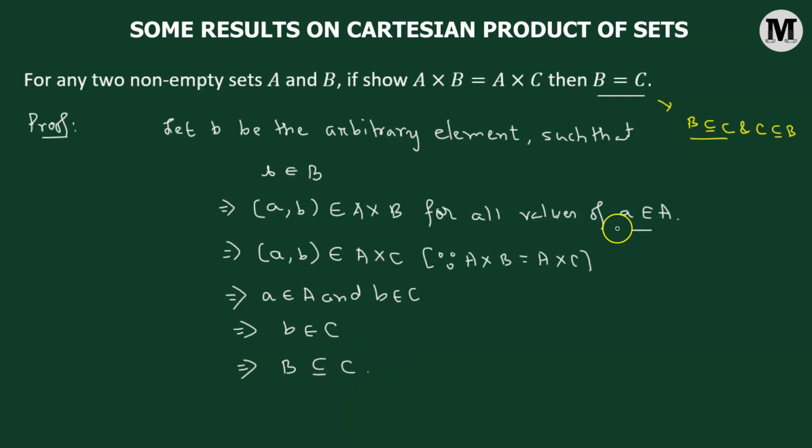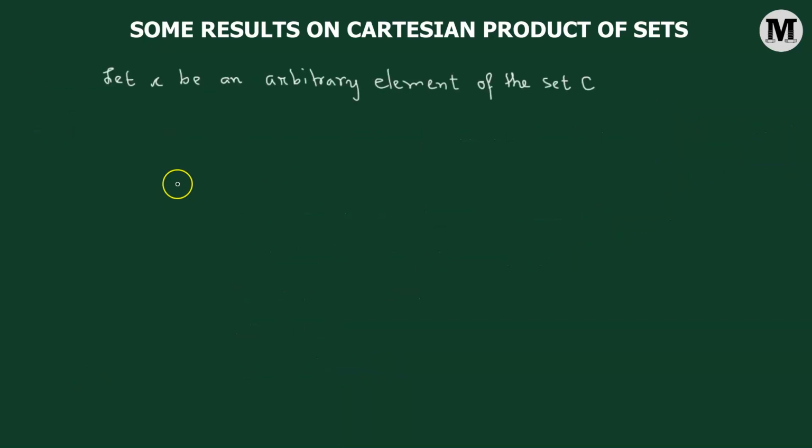Fine. Next, we'll try to show that C is also a subset of the set B. This time we're going to consider another arbitrary element c, and it belongs to the set C. In essence, we are saying that the element c is a member of the set C. If c is a member of the set C, can we not say that (a, c) is going to be a member of the Cartesian product of A and C for all values of a belonging to the set A?